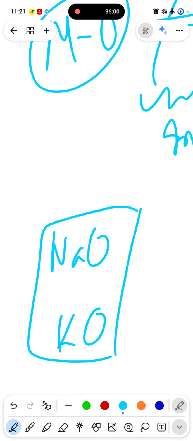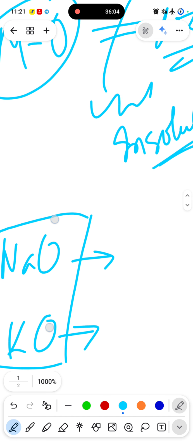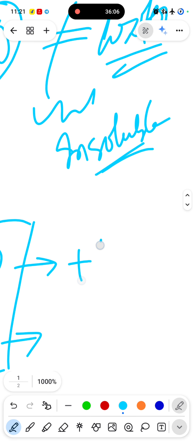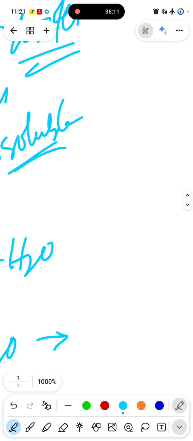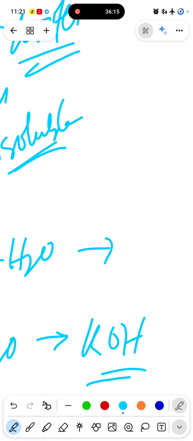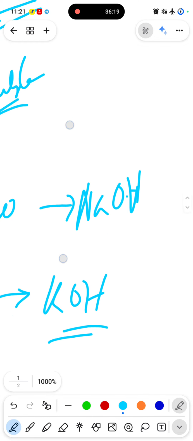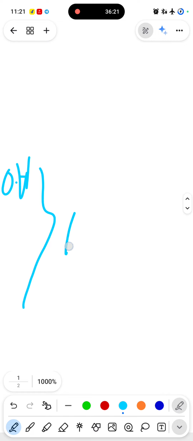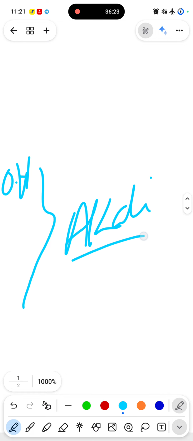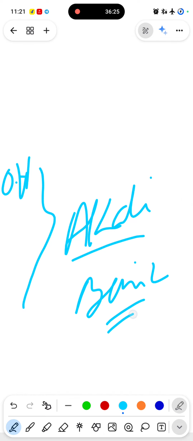These two are exceptions. If I combine this with water and this also with water, it will form potassium hydroxide and it will form sodium hydroxide. And these both are alkali, that is basic in nature, base.